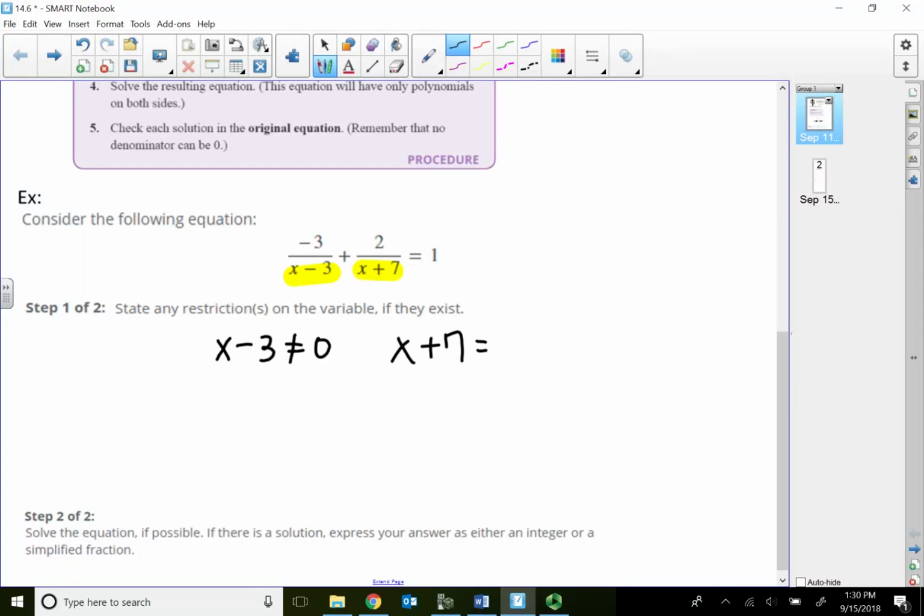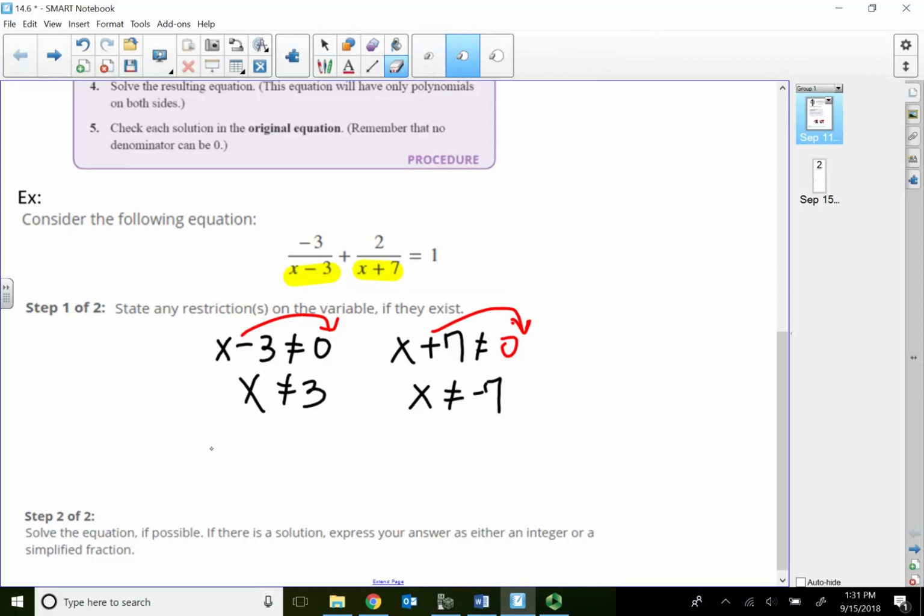Both of these are linear equations, so move the -3 and the +7 to the other side. One of my x cannot be +3, the other x cannot be -7. So here are my two restrictions for step 1 out of 2.